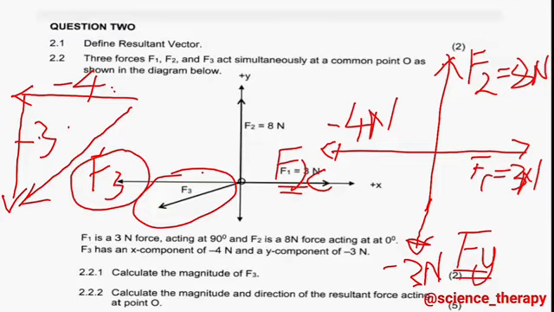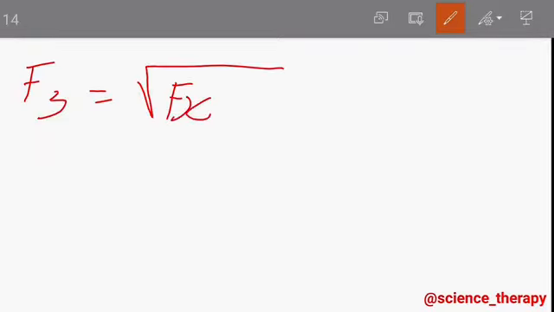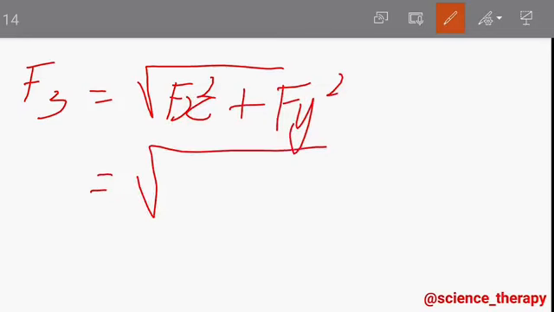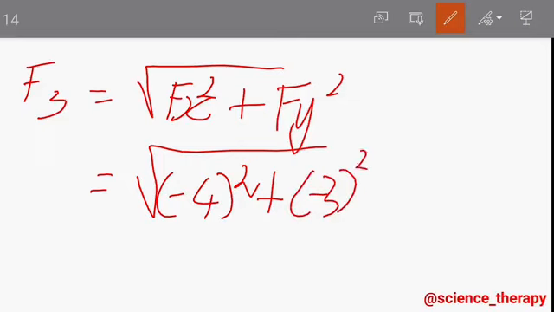Let's calculate. To get our F3, we will have the x component of F3 and the y component of F3. Now we have negative 4 squared plus negative 3 squared.